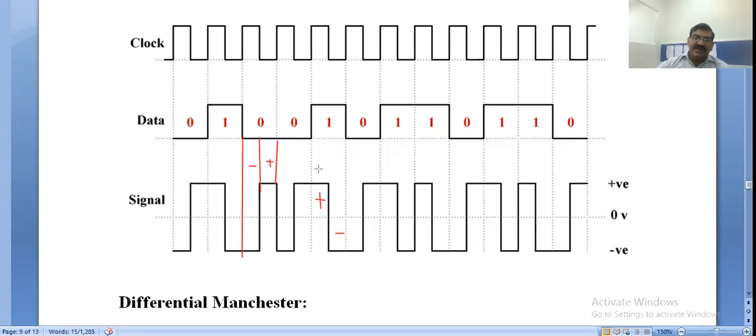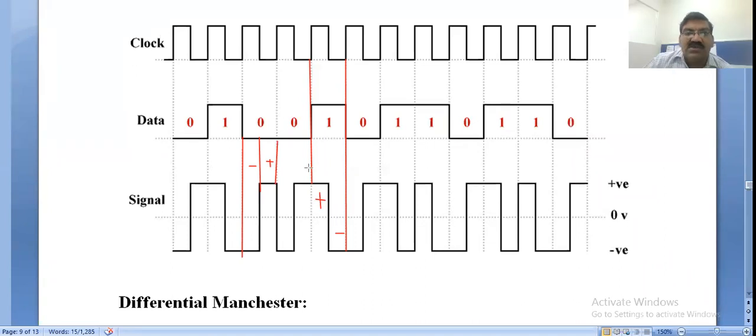In the entire pulse duration, for the 1 there is a positive pulse followed by a negative pulse, and for 0 it starts with a negative pulse followed by a positive pulse.